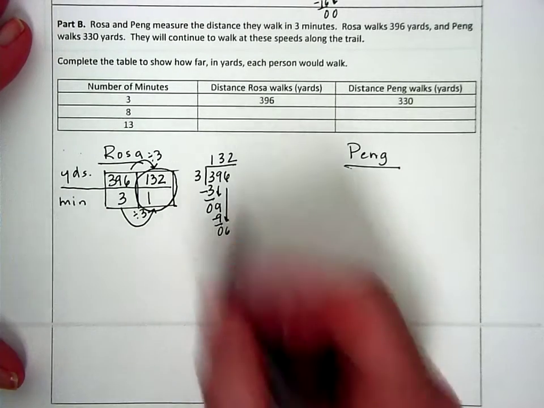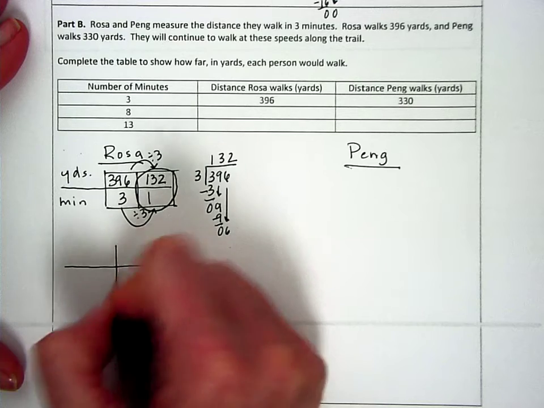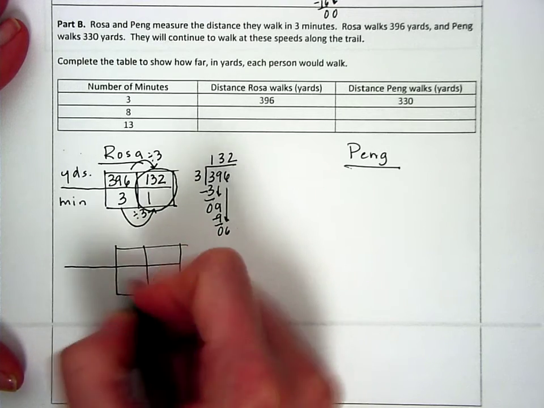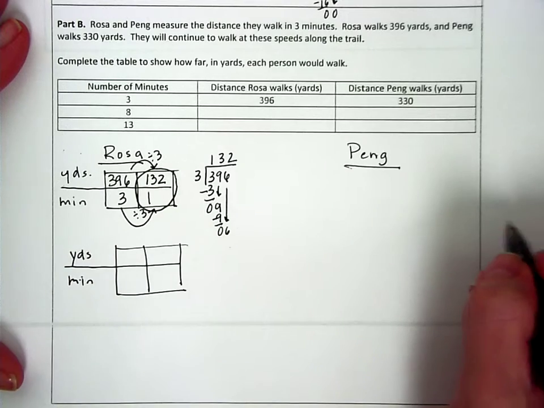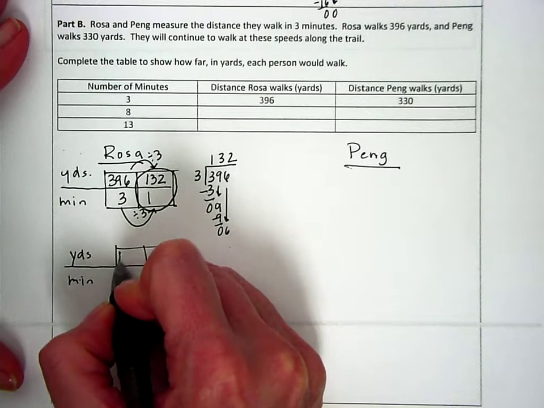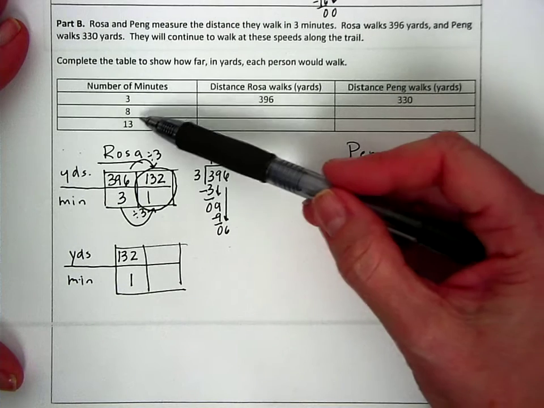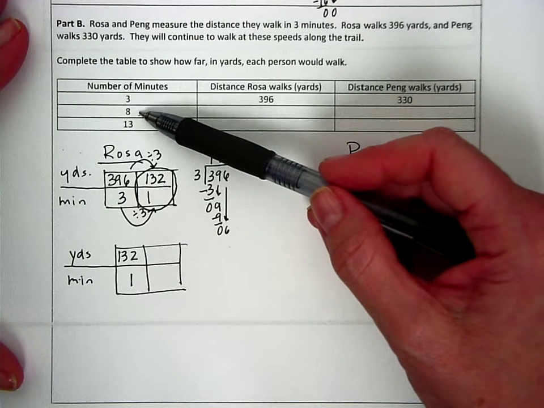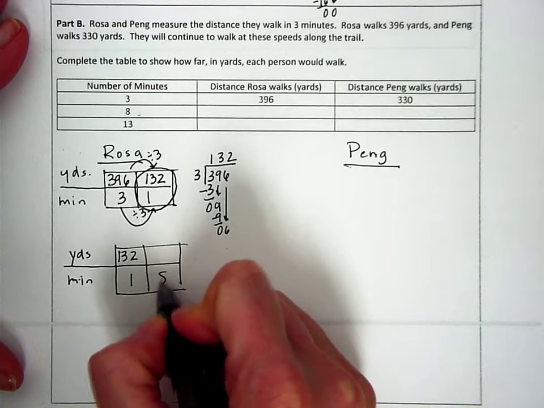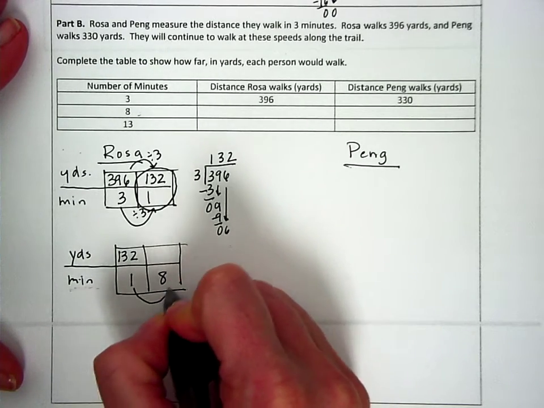So let's continue down the table. So starting with that original ratio, the unit rate, yards to minutes, she walks 132 yards in 1 minute. If you look at the table, they want to know how far she would walk in 8 minutes. So all I would do is put 8 here where it's minutes, and then ask myself, what did I do to 1 to get 8?